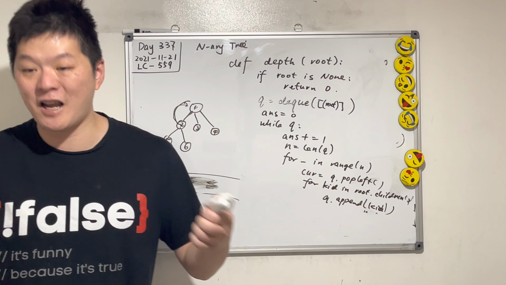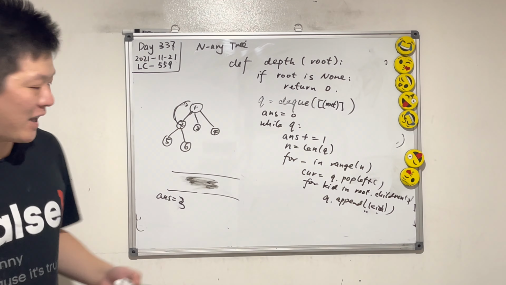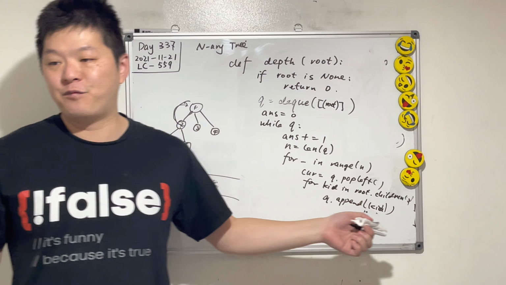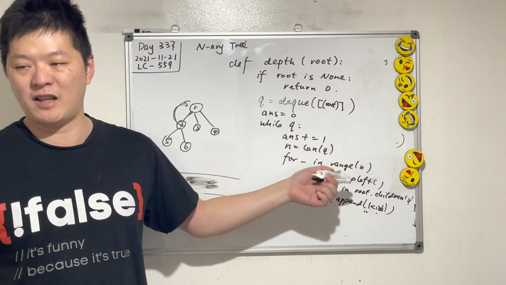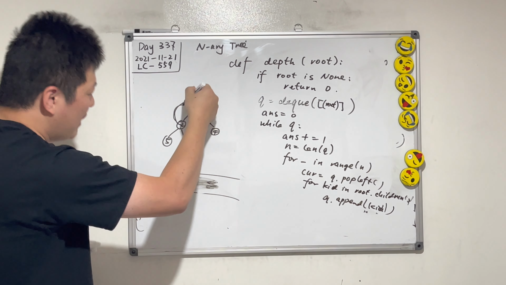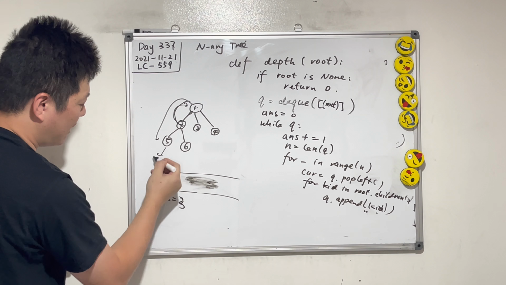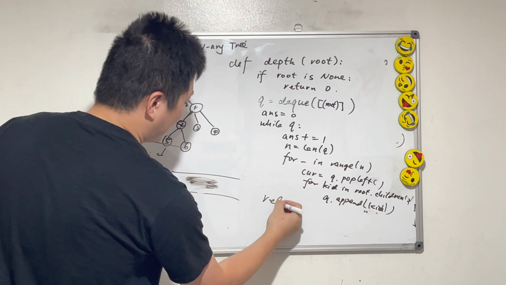That's why we need to use the hash set to remember the vertices, so we don't visit them again. But for the trees, it's easier. We don't need that. We can just follow the children from the root to the kids until it hits the terminal node, the leaf node, and then we return the answer.